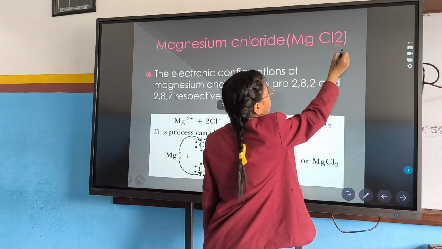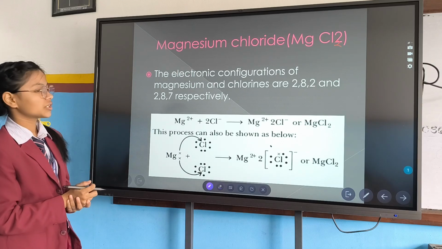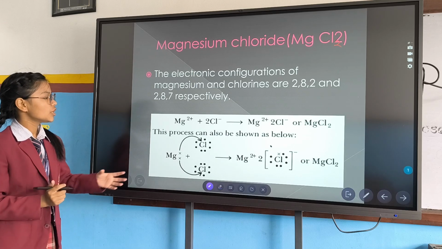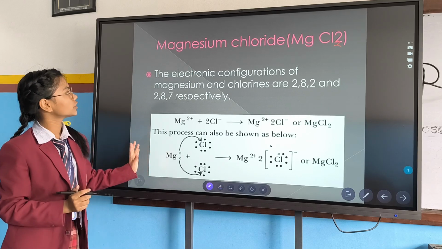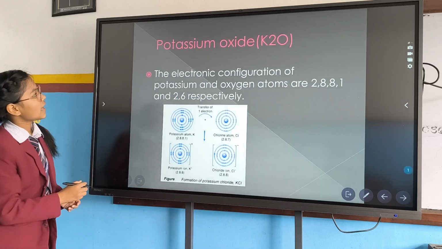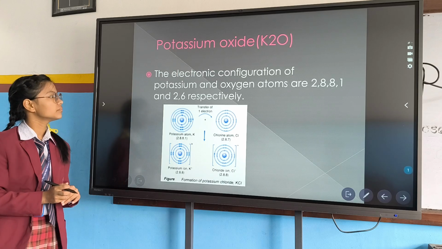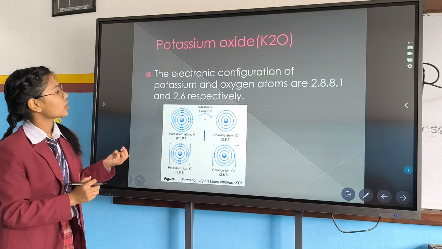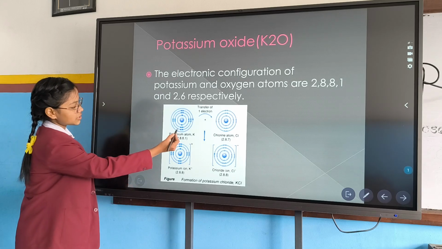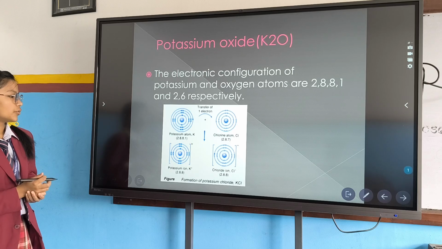The electronic configurations of magnesium and chlorine are 2, 8, 2 and 2, 8, 7 respectively. So this figure shows how magnesium chloride is formed. And next is potassium oxide. The electronic configuration of potassium is 2, 8, 8, 1 and oxygen is 2, 6. Potassium and oxygen have ionic bonding.